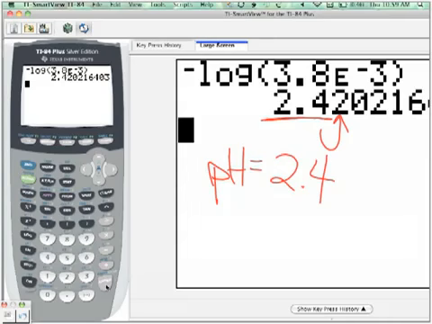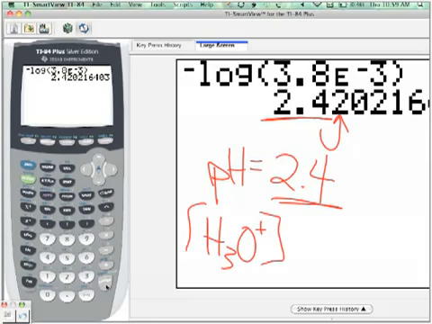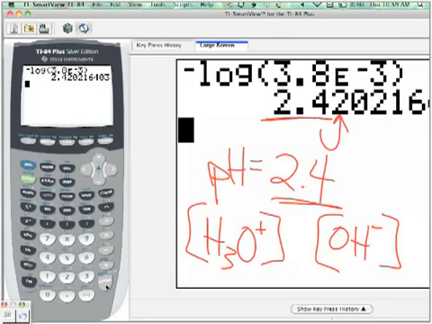Based on this pH level, is the hydronium concentration going to be equal to, less than, or greater than the hydroxide concentration? Greater than. So the concentration of the hydronium ion is going to be greater than the hydroxide ion.